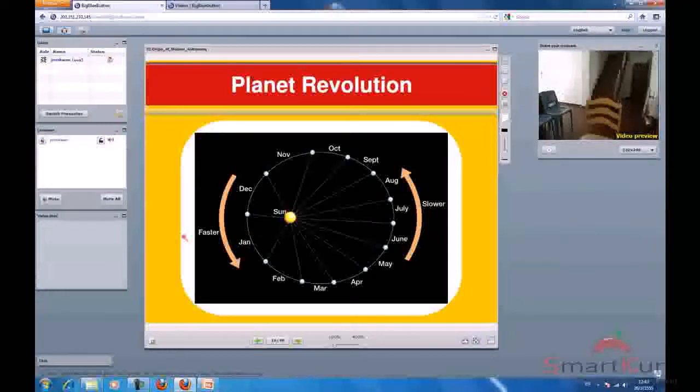The mouse is not working. I think it may just be a dead battery. Do they take double A? Yes. Okay, good.